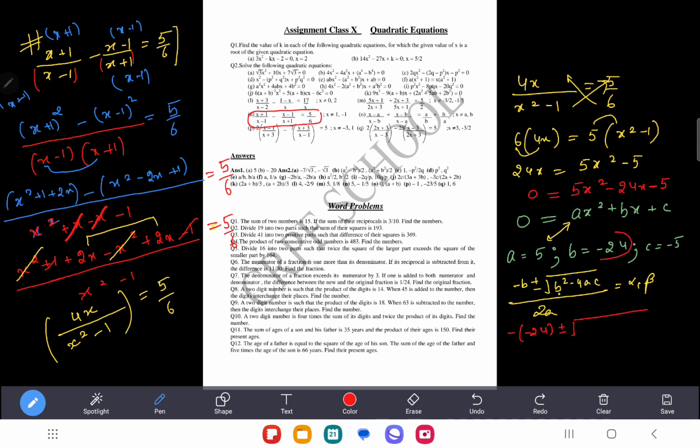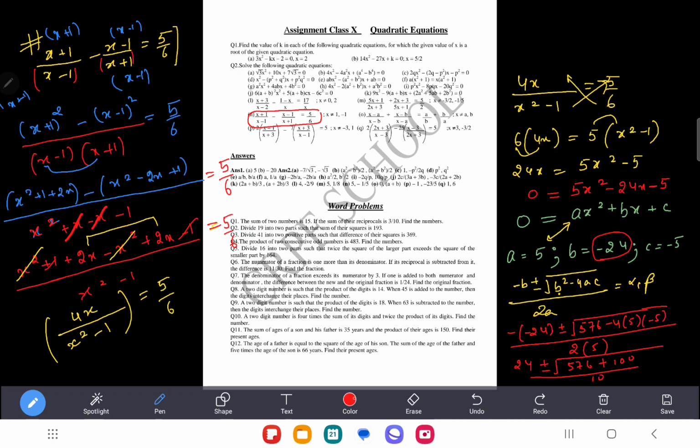The b square is minus 24 whole square, which is going to be 576, minus 4ac, over 2a. So that is going to become 24 plus minus under root of 576 plus 5 was a 20 plus 100 over 10.